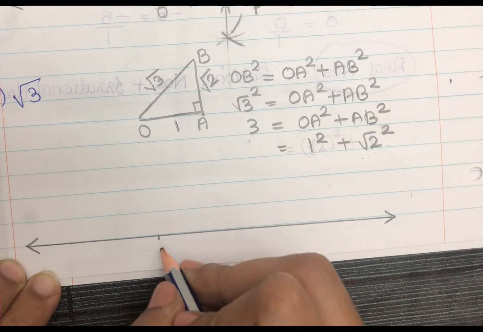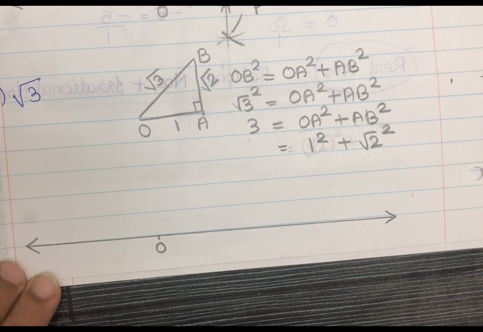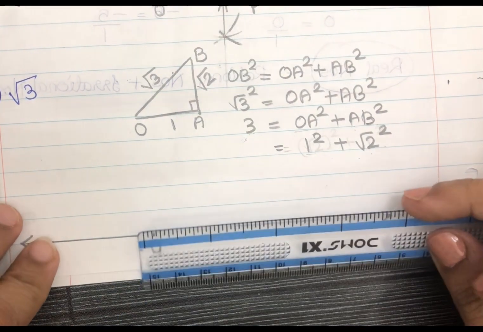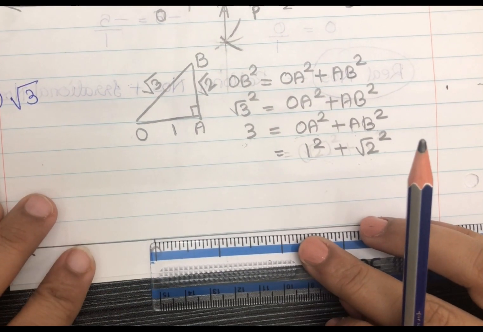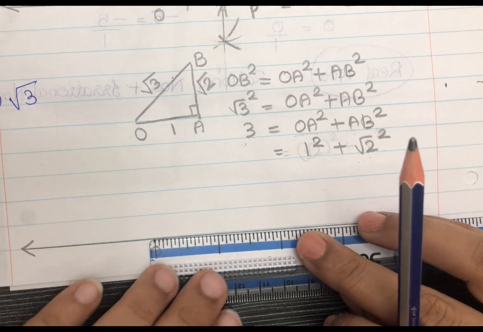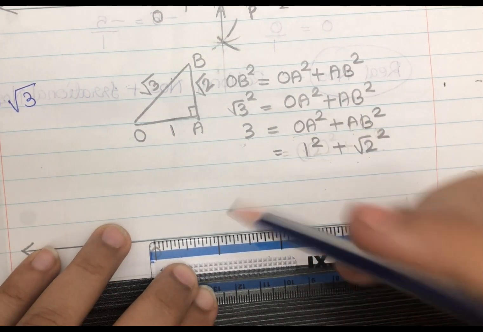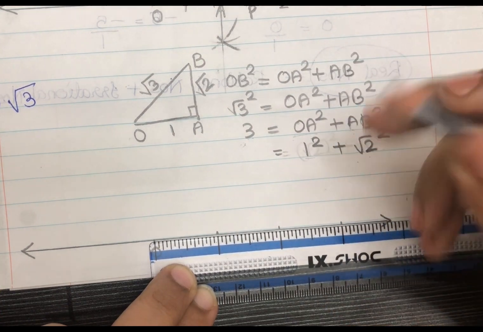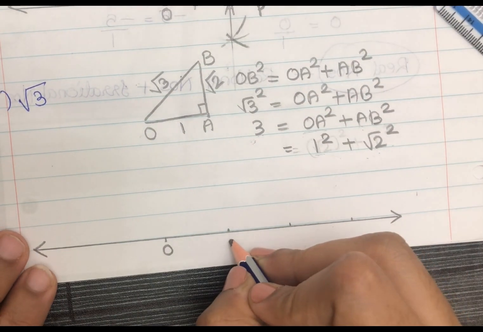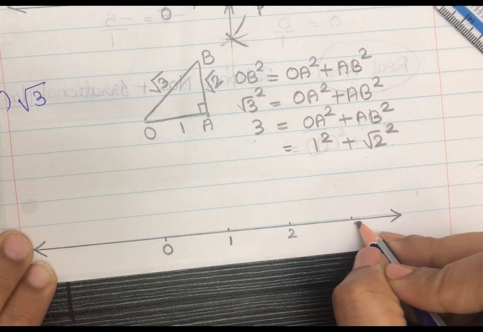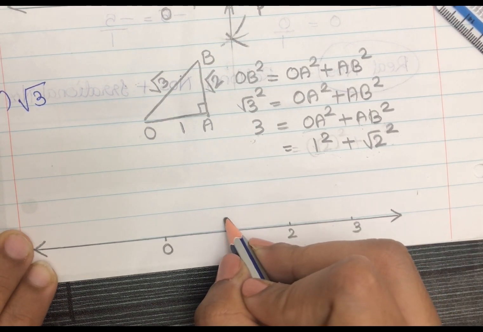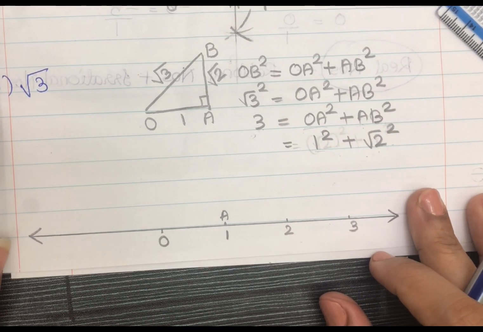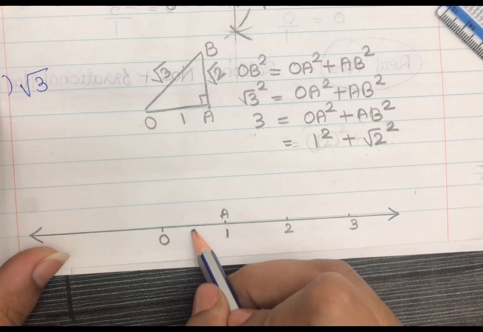Mark origin O. Now we know OA is 1 unit, so I'll mark 1 unit there. So this is OA, right? OA is 1 unit.